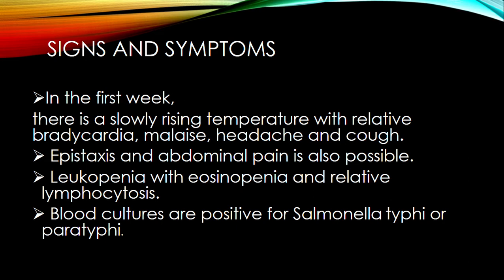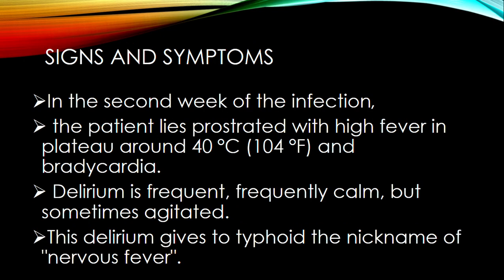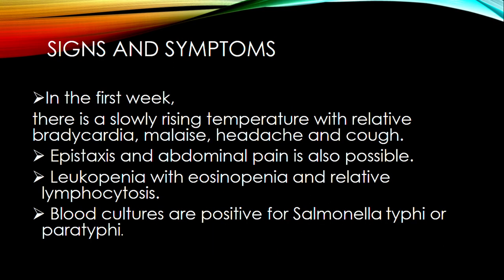This can be noticed when investigations are done, such as a full blood count, to show the number of white blood cells. Also, blood cultures are positive for Salmonella typhi. So in the first week, blood can be collected for culture, and the bacteria can be isolated and identified.